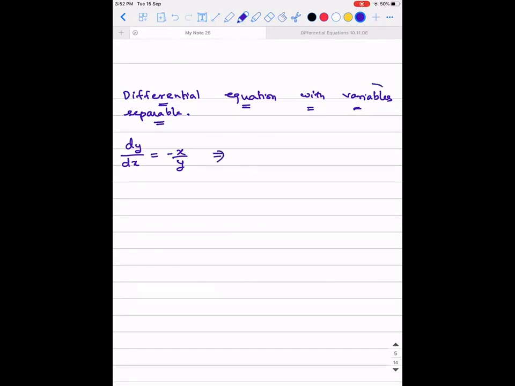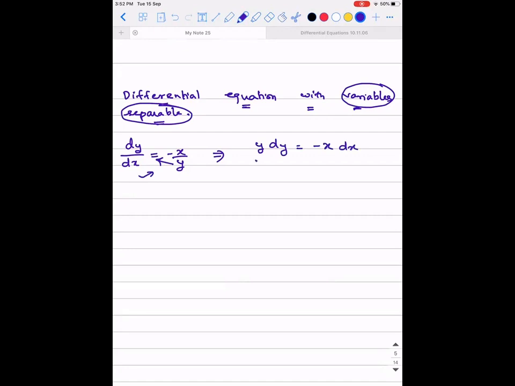For that, observe the method to be followed for this variable separable: each side of the equation should have variables of x on one side and variables of y on the other side. For example, in this problem, I can take y to the other side, so I can write it as y dy is equal to, I can take dx to the other side, can I write it as minus x dx? Are you guys able to understand this point?